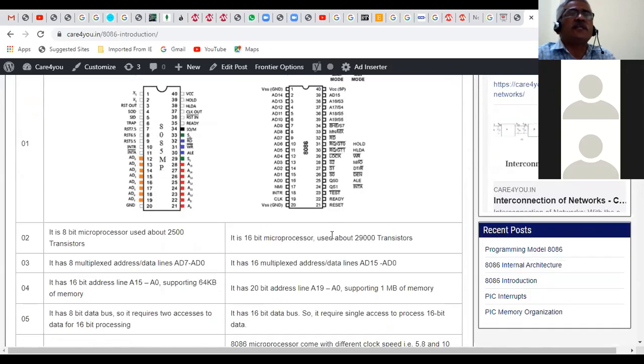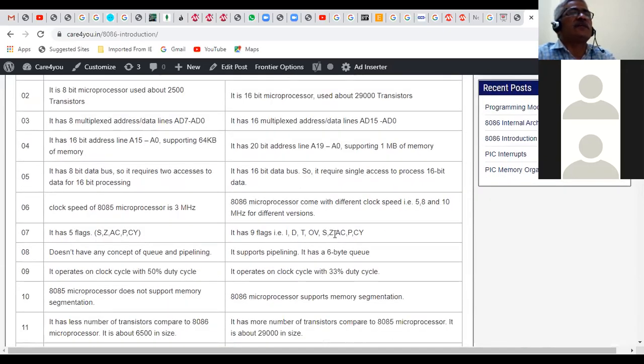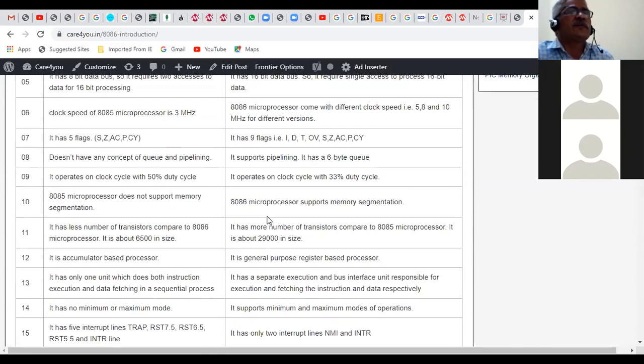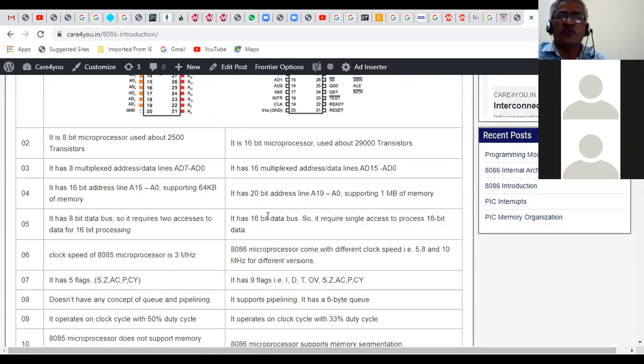As far as the other differences, I will not say differences, the comparison is concerned, today I have a very big list of around 21 items. So just read yourself speedily without wasting time. You can read it yourself. Do it yourself. 8-bit and 16-bit.